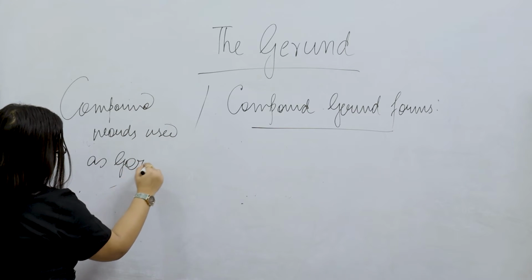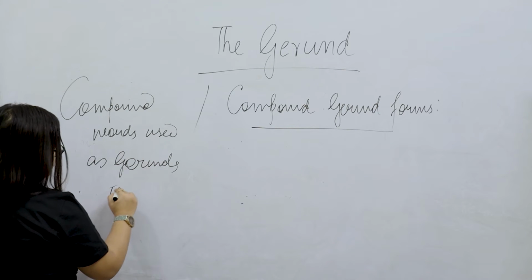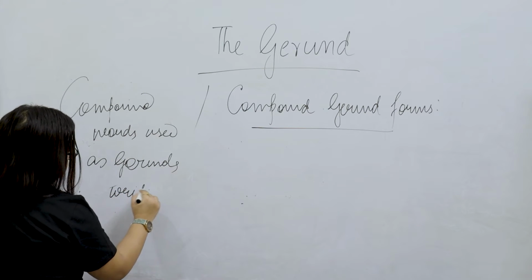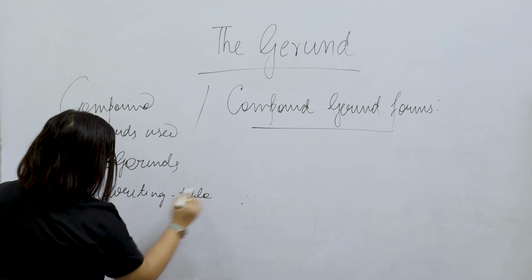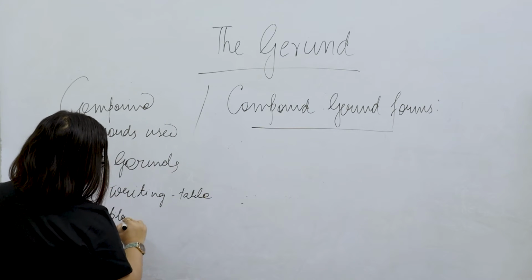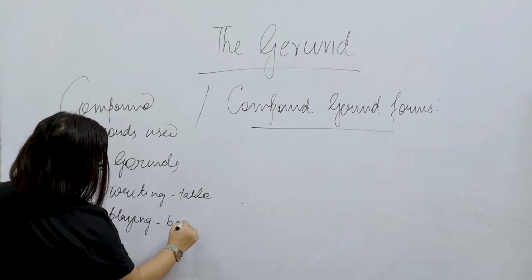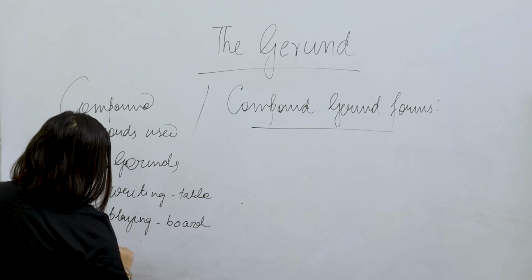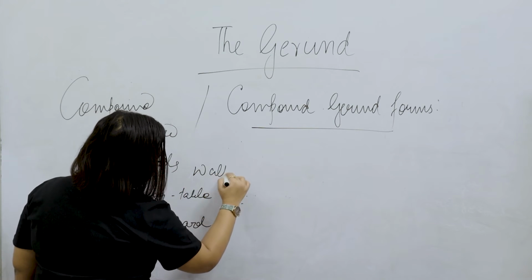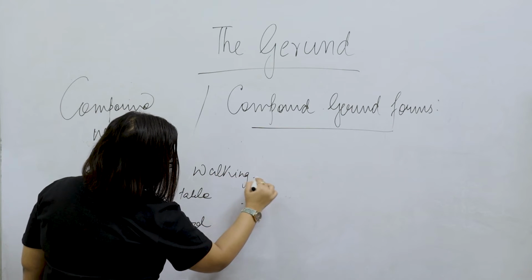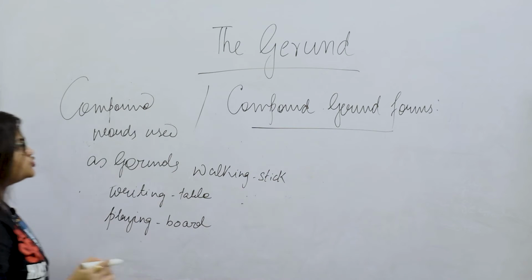That also happens. For example, if we say writing table, playing board, walking stick. So this is how we are using two words.